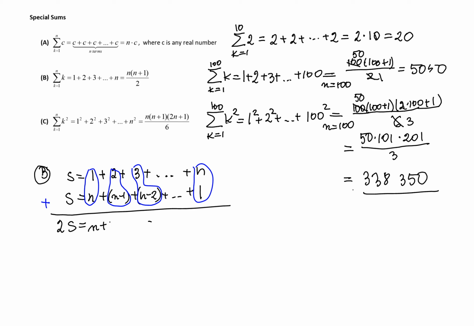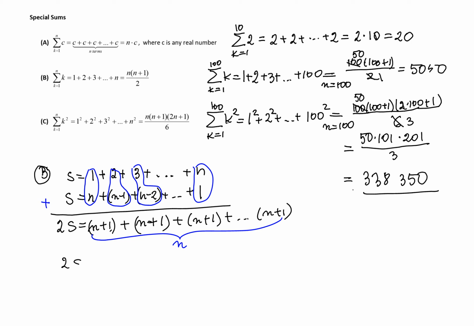And therefore we'll have n plus 1 from the first grouping, and then we'll add to that the value of the second group, which is also n plus 1, and the third also gives us n plus 1, and so on, and the last, or nth group, is also n plus 1. Since we have n of those terms, 2s is equal to n times n plus 1, and therefore s is equal to n times n plus 1 over 2, which is exactly what we wanted to show.